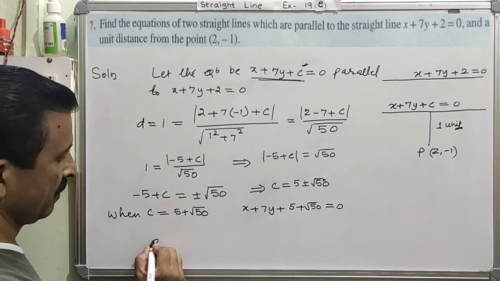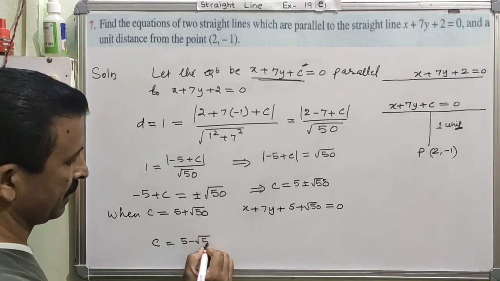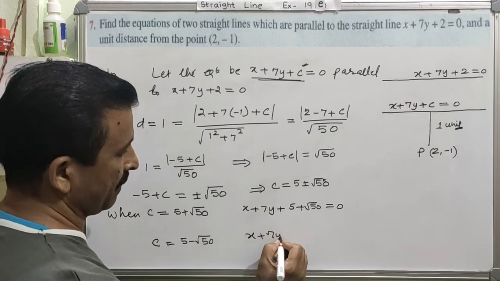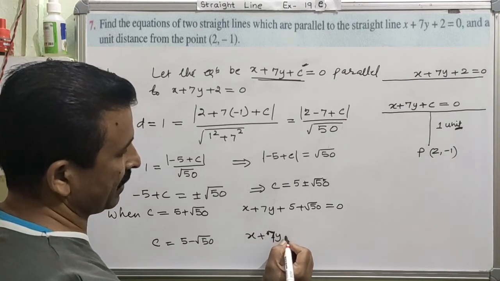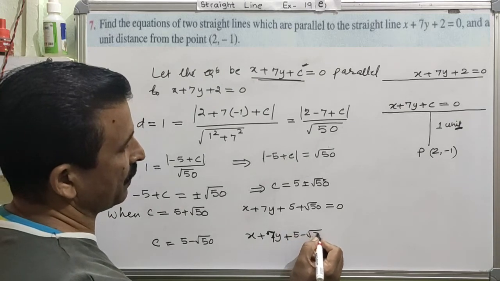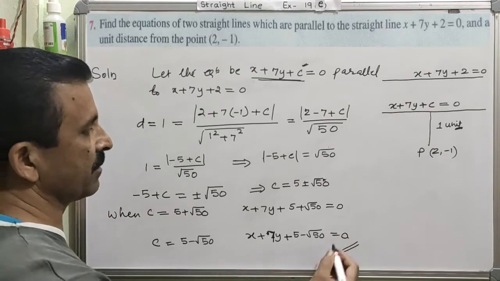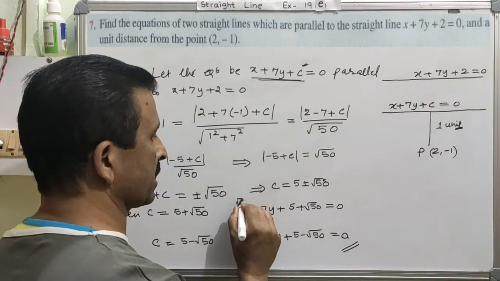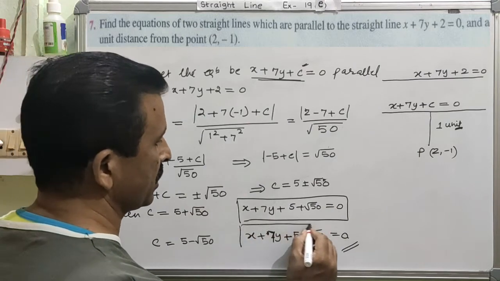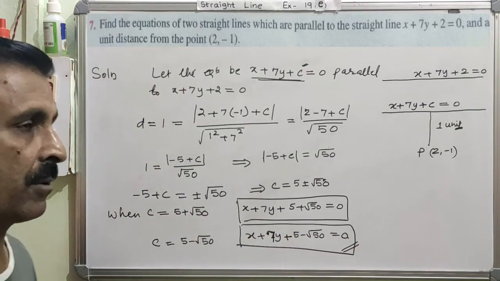Another equation is when C is equal to 5 minus root 50, then it is x plus 7y plus 5 minus root 50 is equal to 0. So this way you got your two equations. This is your equation number 1 and this is your equation number 2. Hope I could make you clear.